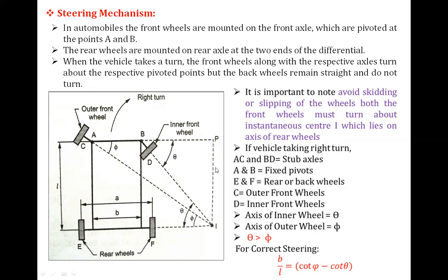Look at this picture. Your ideas will be clear. Theta represents the axis of the inner wheel, and phi is the axis of the outer wheel. Theta is always greater than phi in this case.